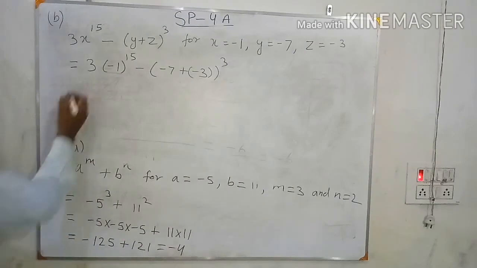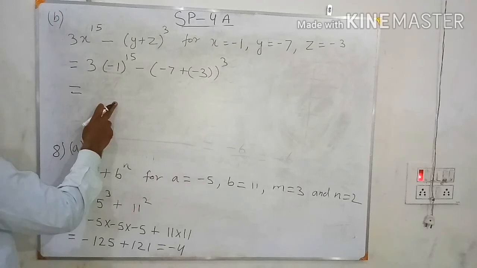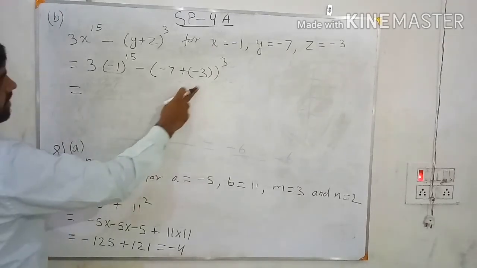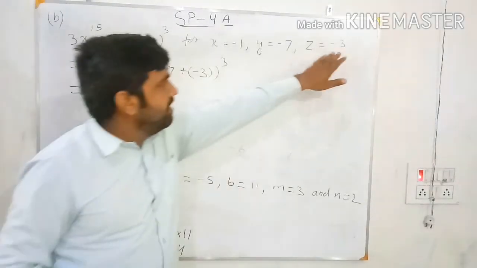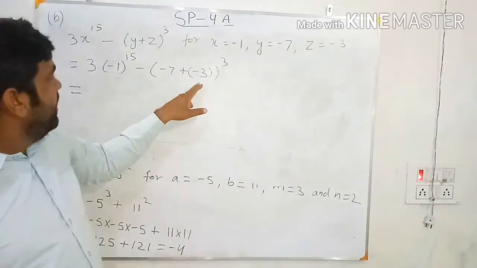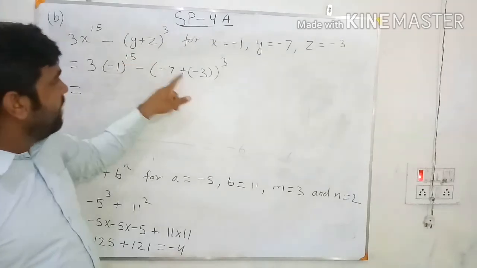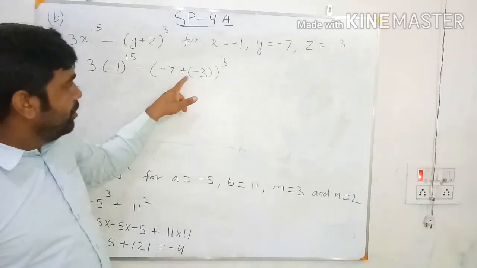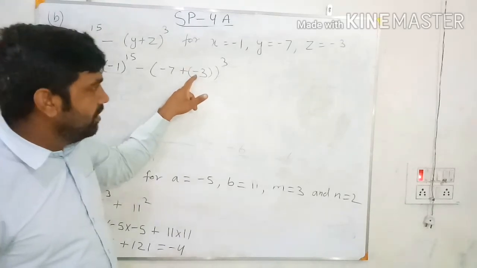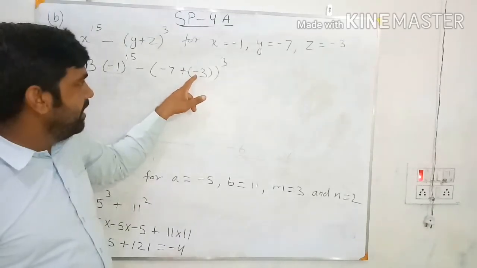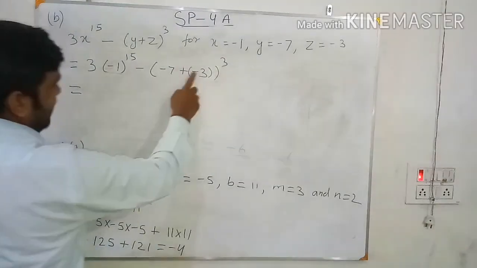Okay, now find its value. I have put this z in a small bracket because z is itself a negative number, minus 3, and before z there is a plus sign. Two signs cannot be written just one after the other, so when there are two signs, put the bracket also. Now this plus will be multiplied with this minus sign.